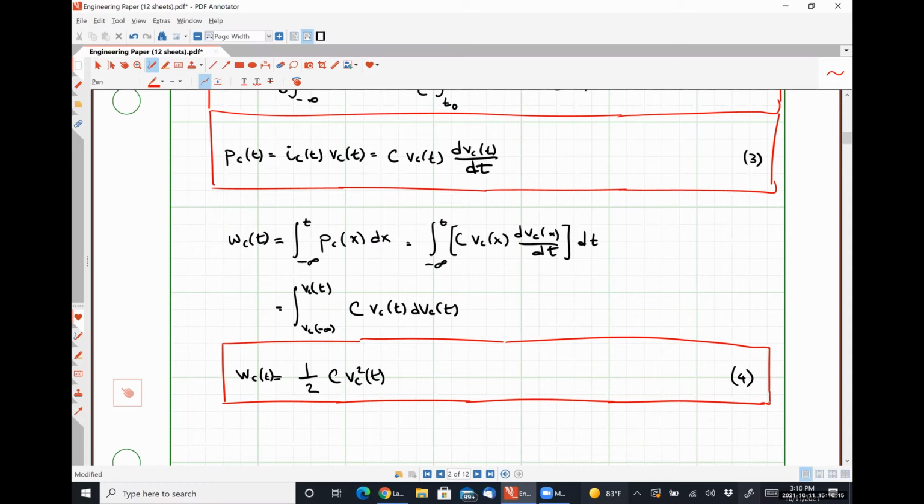People have asked if there will be an equation sheet on the exam. The answer is no. So I'm letting you know right now to start drilling these into your head, okay? Particularly the current voltage relationships. The power relationships are fairly straightforward because it's just a product of current and voltage. The energy relationship, I would say you need to really memorize that one too, just because it's not as obvious as the power relationship.